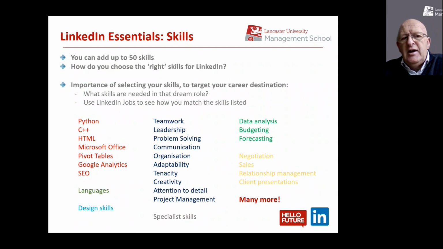These are skills that are really, really important in the workplace. So think about what skills you want to get across. For instance, Microsoft Office, we're very blasé about that, because we use mostly Microsoft Word, Outlook, PowerPoint. But it's important that employers can see that you've got those skills.